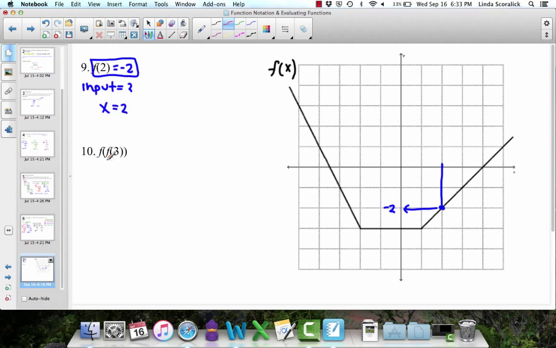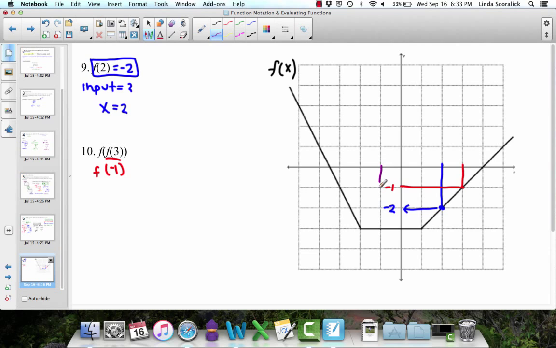The composition of functions is going to work in a very similar way. Start with f of 3. So we come to 3 on the x-axis, down to the graph, and across, where we're at negative 1. So the value here was negative 1. Now we find f of negative 1.